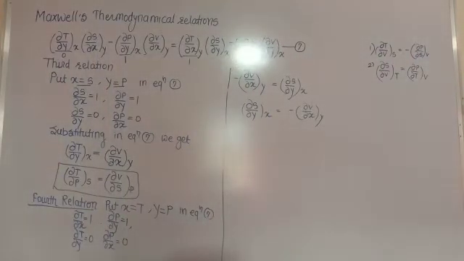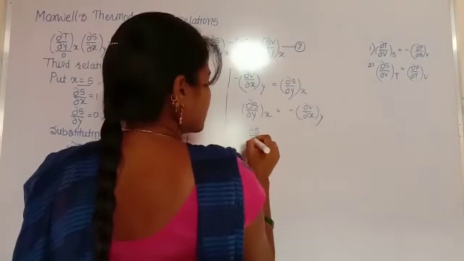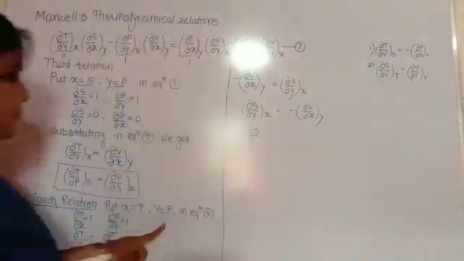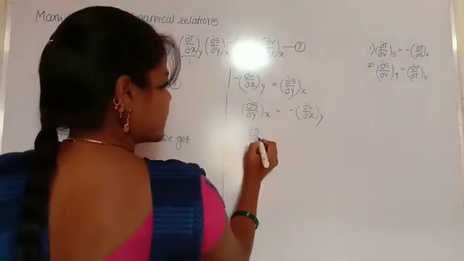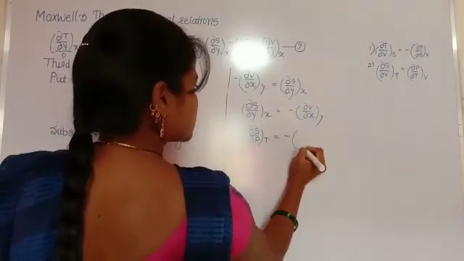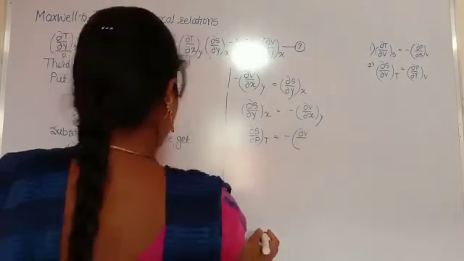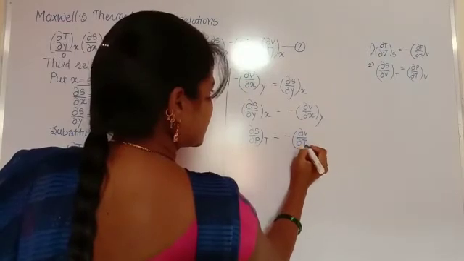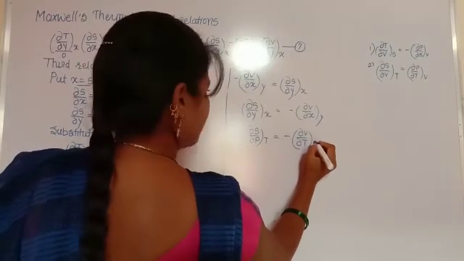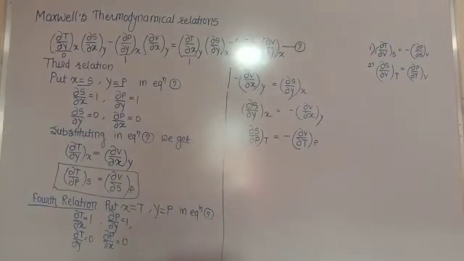So after substituting the values of x and y, we get del s by del p at constant T is equal to minus del v by del T at constant p. Okay. So this is the Maxwell third relation.